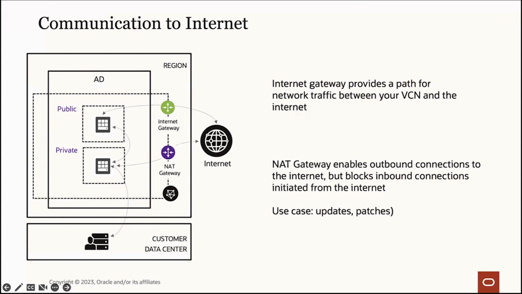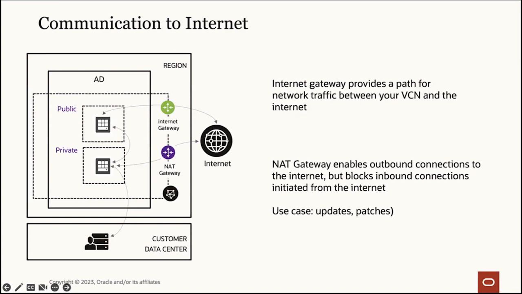The first way is to use an internet gateway, and this gateway will provide a path for network traffic between your VCN and the internet. When it comes to logistics, you can only have one internet gateway for one VCN. And then after creating it, you do have to add a route for the gateway in the route table to enable traffic flow, as we saw earlier.